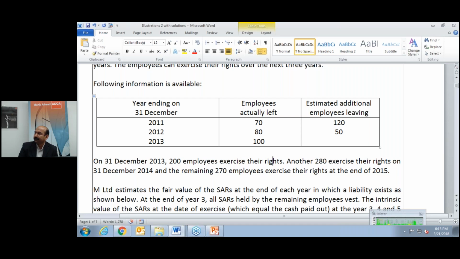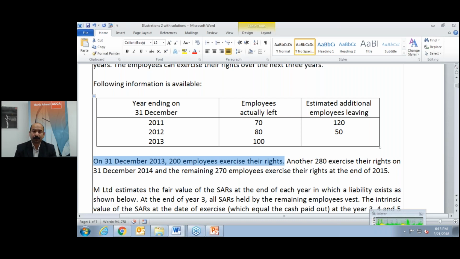Okay, let's discuss the accounting treatment for this exercise. Exercise means you have paid cash to your employees based on the intrinsic value, because you agreed with them that you will be paying them the cash.